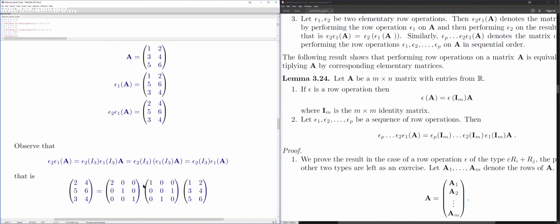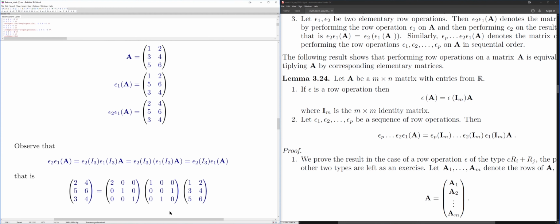And once I've worked out that first product, multiplying by this one has the effect of multiplying the first row of this result by 2, so I will get a 2, 4 over here.